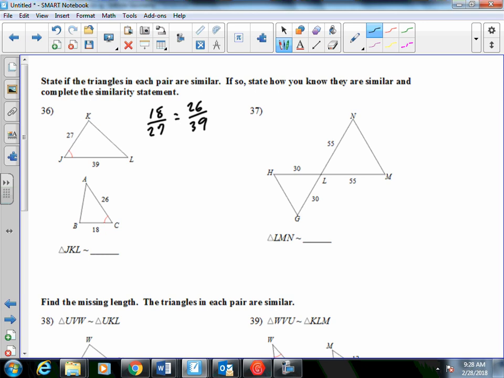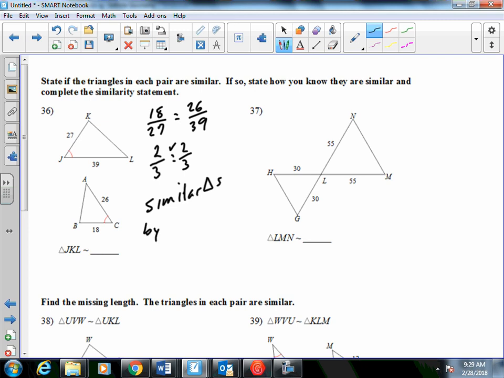And you can either reduce the fractions or cross multiply, but in this case, reducing the fractions is probably easier. 18 over 27, they both divide by 9, which would be 2/3. 26 and 39 both divide by 13, which would be 2/3. So the fractions equal each other. 2/3 equals 2/3. So they are similar triangles.